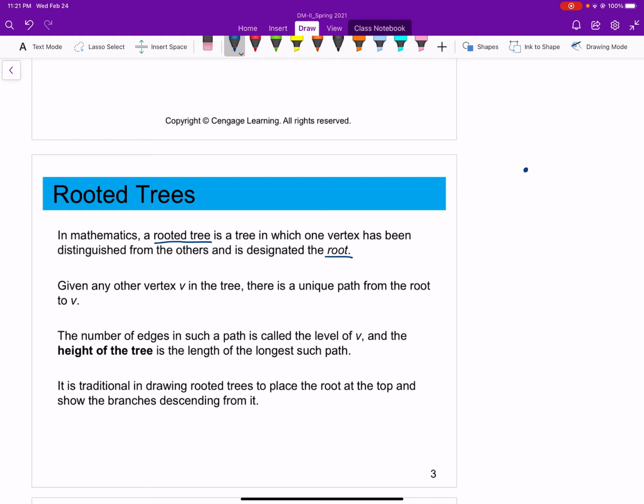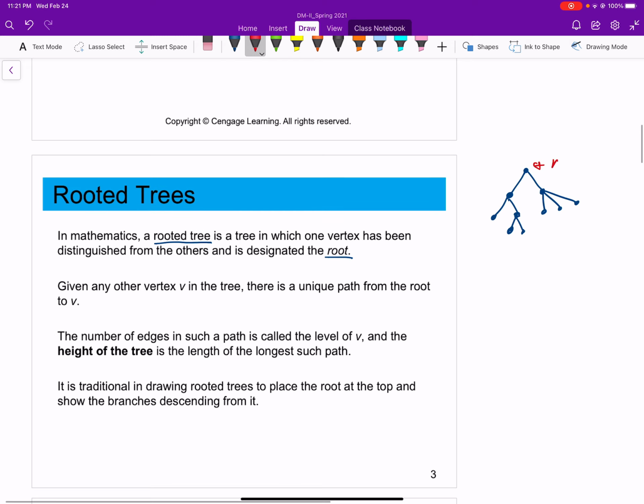So this can be the root and then the subsequent vertices like this. This is a rooted tree, and this is denoted as the root. That's a specific type of trees.